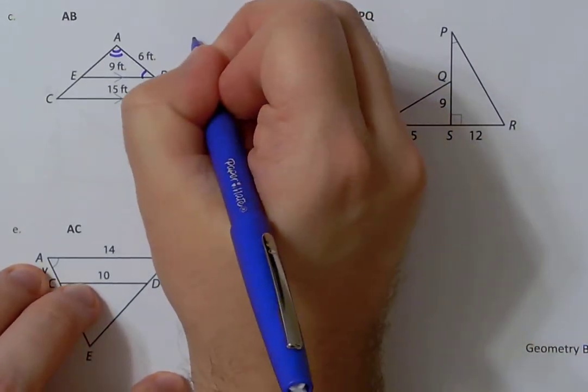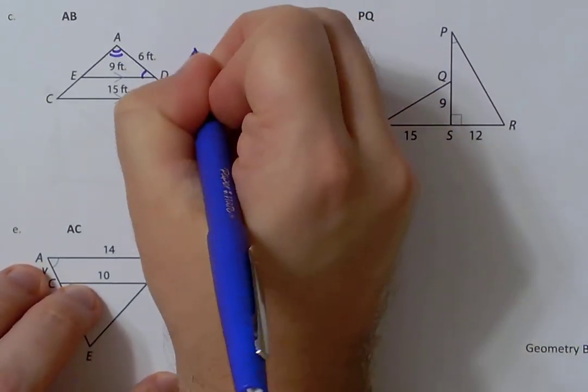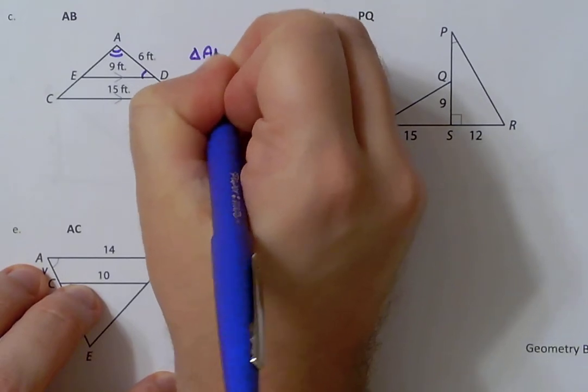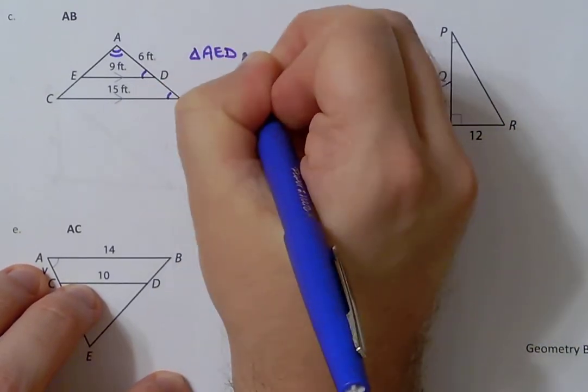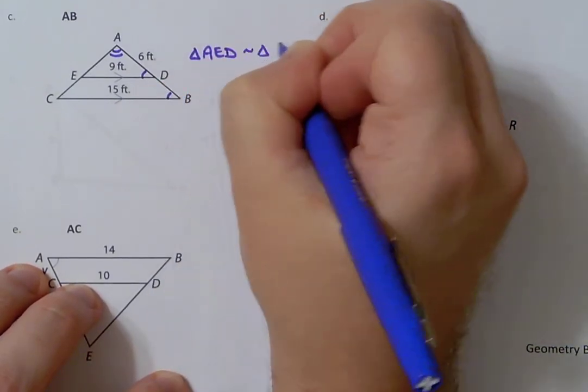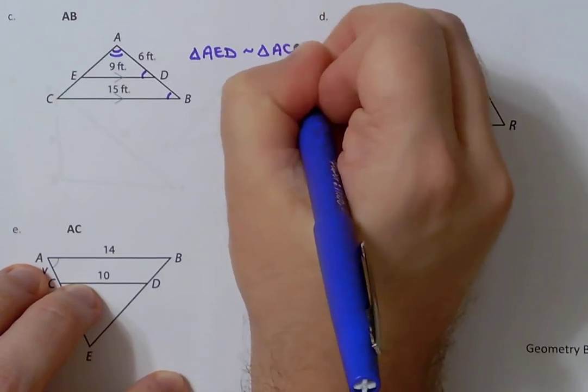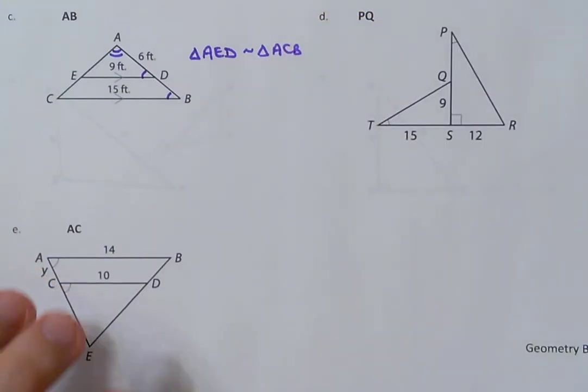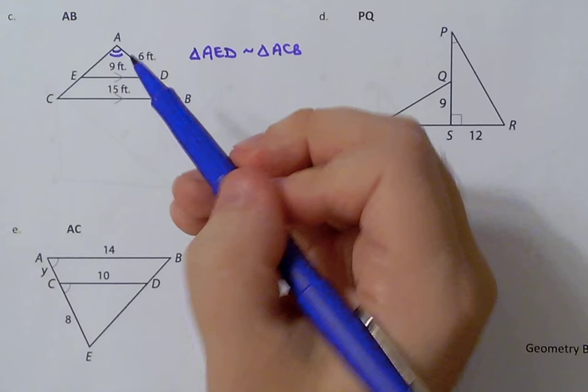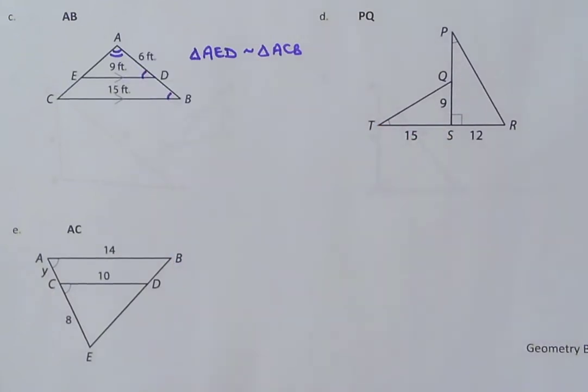So that tells us then that triangle AED is similar to triangle ACB based off angle, angle.